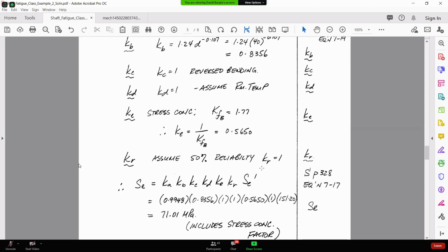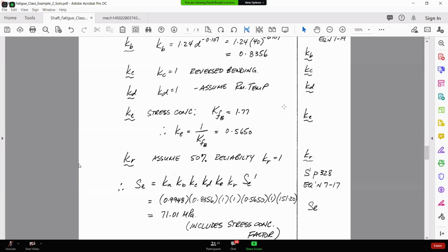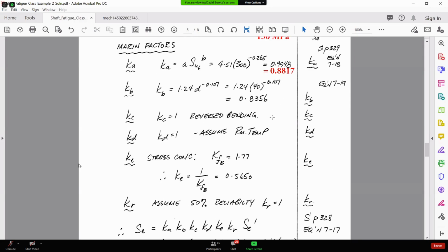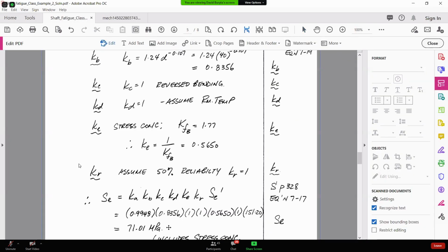So for those of you with the 11th edition, instead of using the 0.9948, if you use the 0.8817, what do you get for your Se, your fully modified endurance limit? Instead of 71, what do you get for this value here?